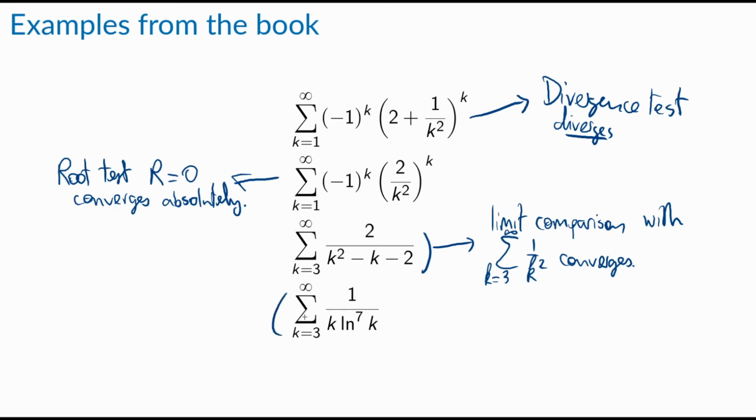Okay, so now let's look at this last one on this page. We have the sum from k equals 3 to infinity of 1 over k times the natural log of k to the 7th power. So that one's looking pretty hairy. We quickly do the divergence test. As k goes to infinity, that denominator is going to infinity, so the divergence test is inconclusive.